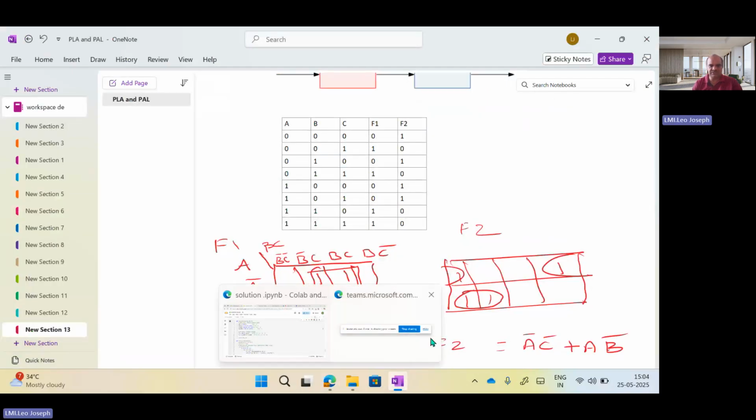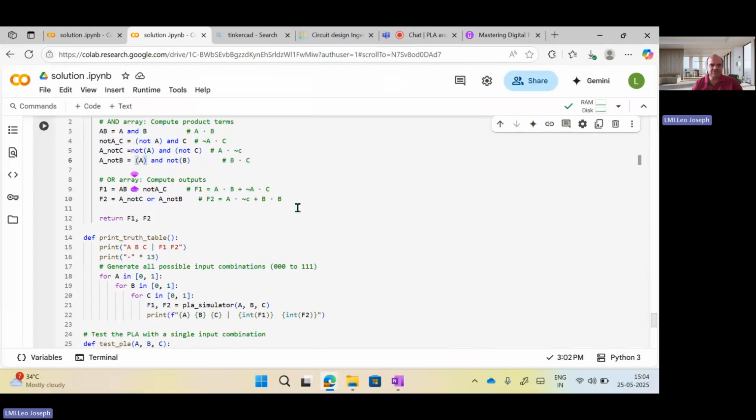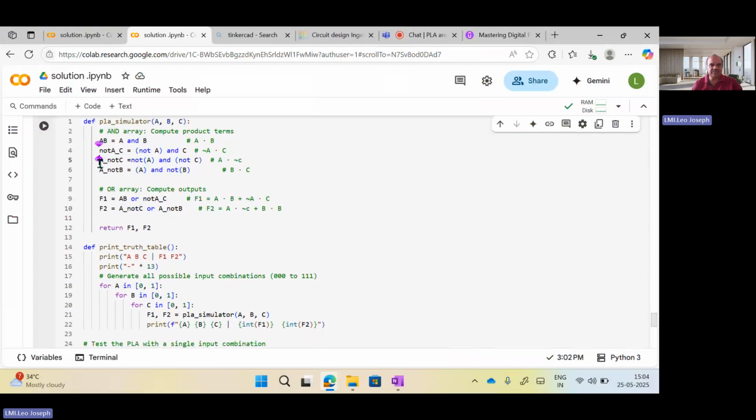Now I have rewritten the code. A bar C bar plus AB bar. Here A bar C bar I have to write. If you want you can write it, otherwise for the variable there is no problem. So otherwise you can write not B, like that you can write not A. So here also I will write not A.